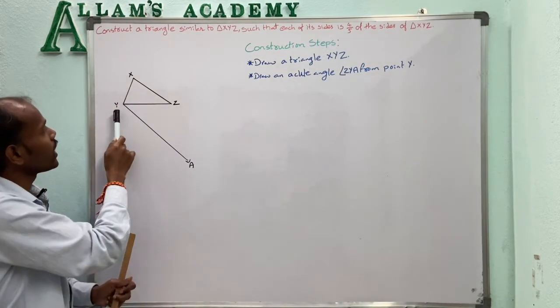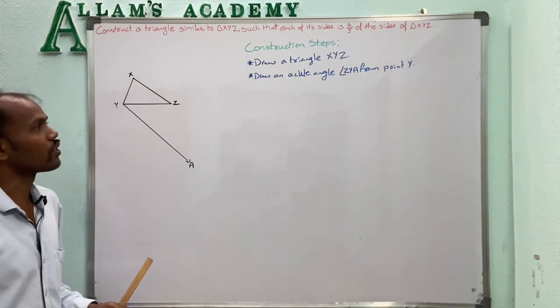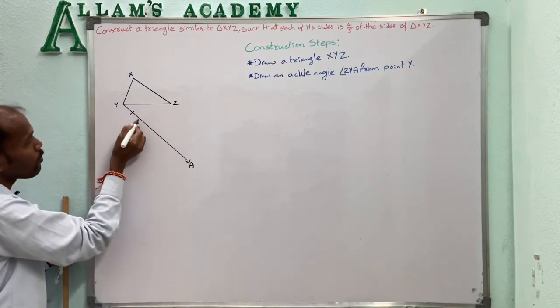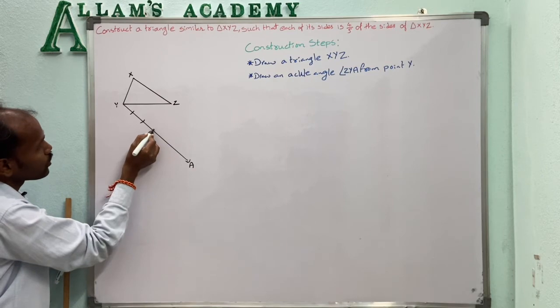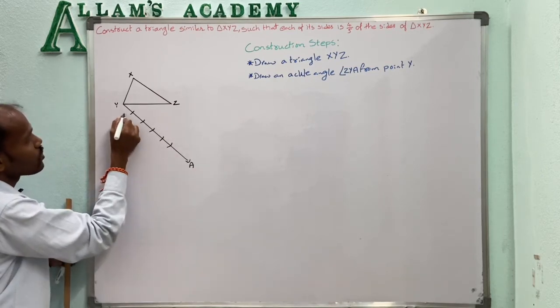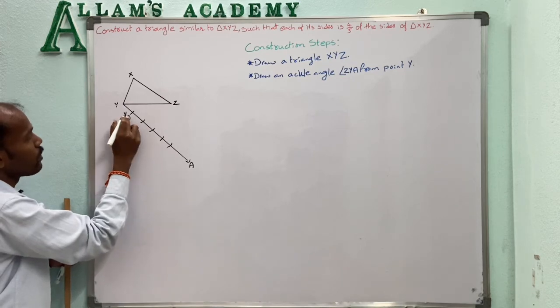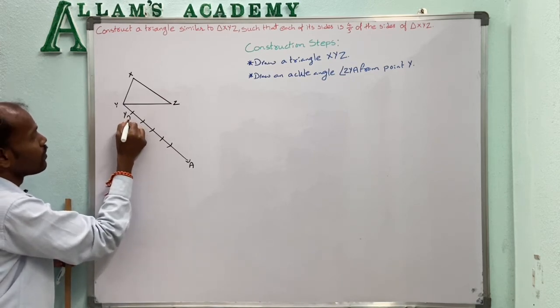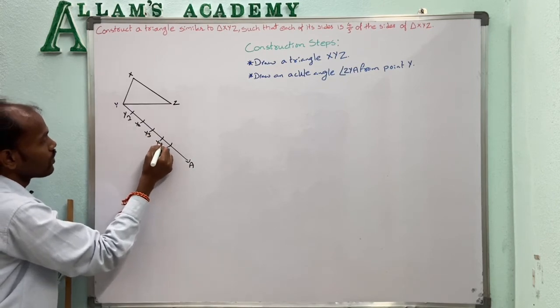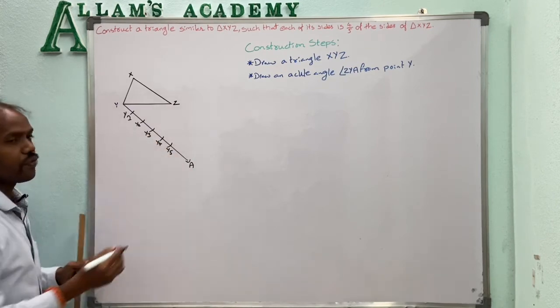So this YA line segment we have to divide into 5 equal parts through compass. So 1, 2, 3, 4, 5. Those 5 points we name y1, y2, y3, y4, y5.